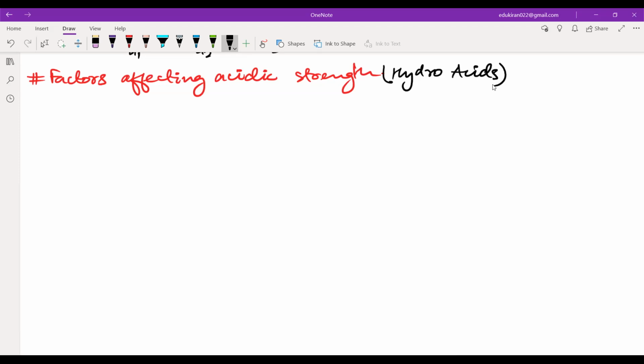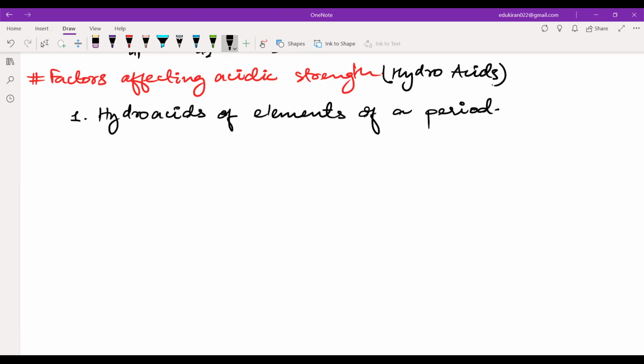So we will be comparing two things. Number one, the hydroacids of elements of a period. That means if I compare CH4, because carbon in CH4 can also give me H plus and CH3 negative.